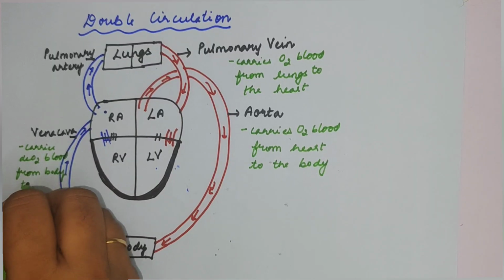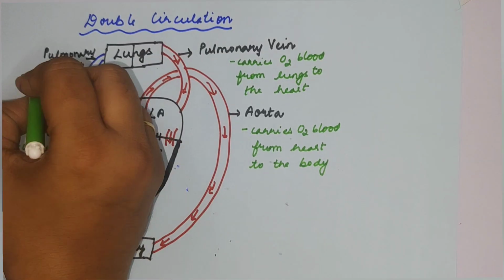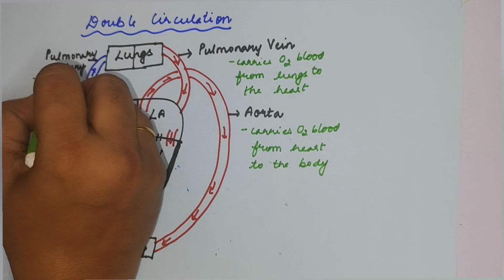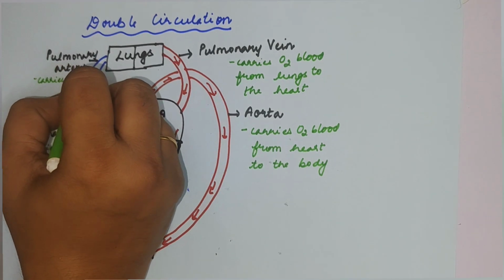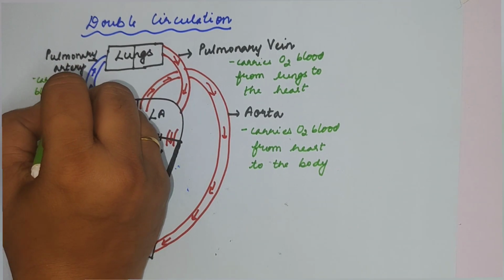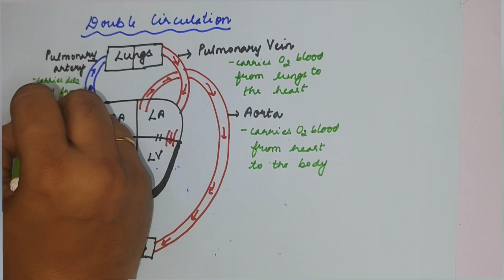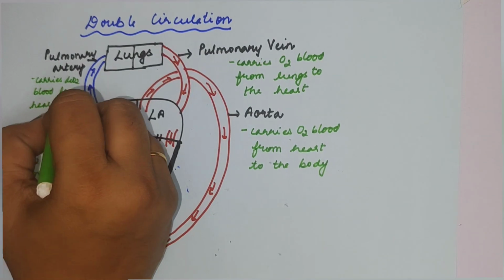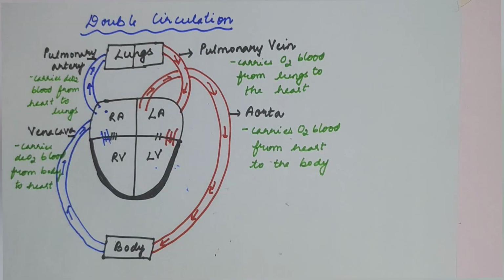The right auricle receives this deoxygenated blood from the body and then pushes it into the right ventricle, and this right ventricle now pumps this deoxygenated blood through the pulmonary artery to the lungs for further purification.